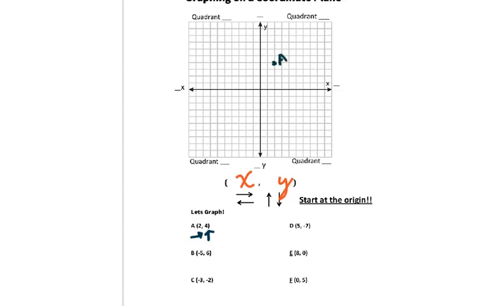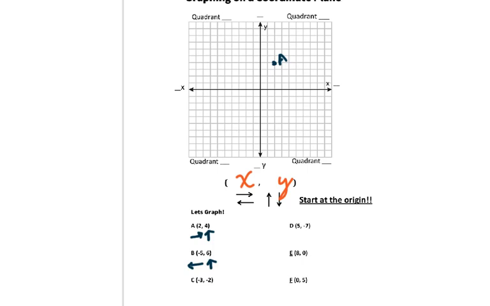Okay, so in letter B, it says we have a negative 5 and a positive 6. The 5 is a negative x value, so my x will go to the left because it's negative. So we're going to draw a little arrow going to the left. My y value is a positive 6. Positive y values go up.